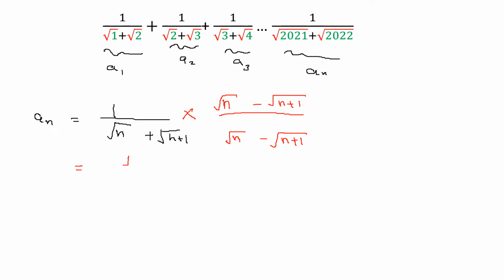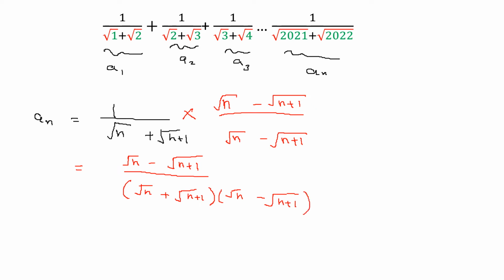So this is square root of n minus square root of n plus 1 in the numerator, and the denominator is the product of square root of n plus square root of n plus 1 into square root of n minus square root of n plus 1. Here you can see that this is in the form of (a plus b) into (a minus b), and that will be equal to a squared minus b squared, right?